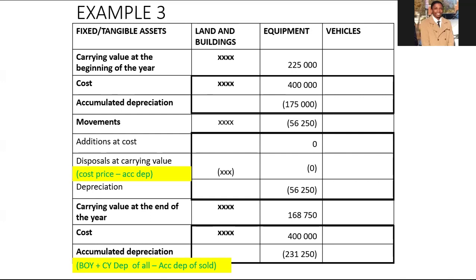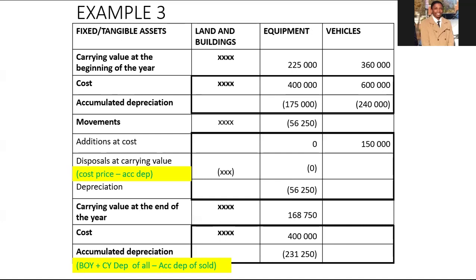Cost of vehicles at the beginning of the year was 600,000. Accumulated depreciation at the beginning of the year was 240,000, which gave us carrying value of 360,000. That 360,000, I got it by taking 600,000 minus 240,000. Under movements, I will have additions, which is the cost of the vehicle that was purchased, and that will be 150.